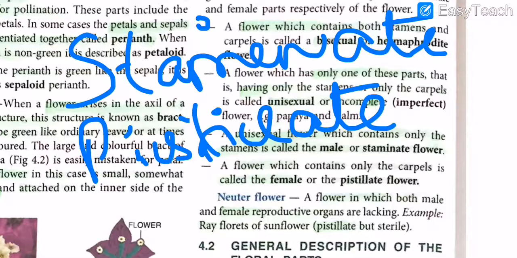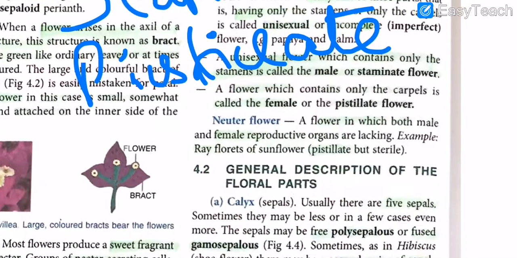In some flowers, only one of them is present. Now, in some plants, none of them are present, so they are called neuter flowers. A flower in which both male and female reproductive organs are lacking cannot undergo any type of pollination in that case, right? Examples are ray florets of sunflower. They are pistillate but sterile. Okay.